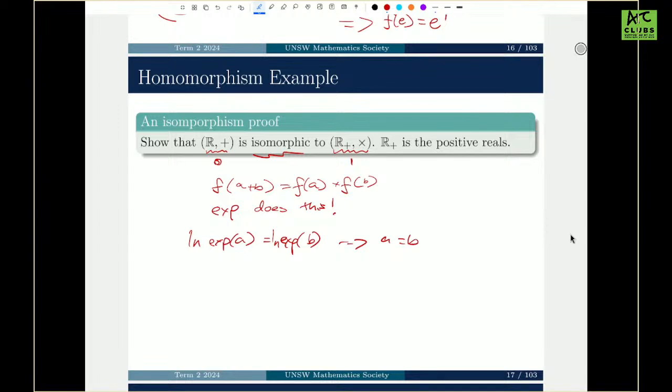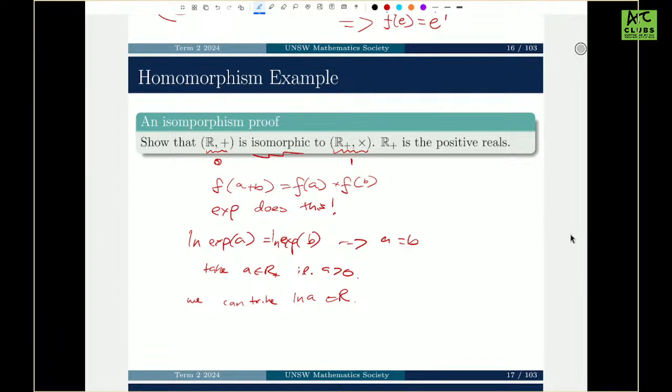For surjectivity, we need to show that for anything in the codomain, there exists something in the domain that gets mapped to it. So consider A in the positive reals, i.e. A greater than 0. We can take ln A, which is an element of the reals.